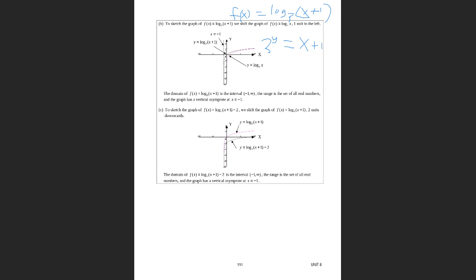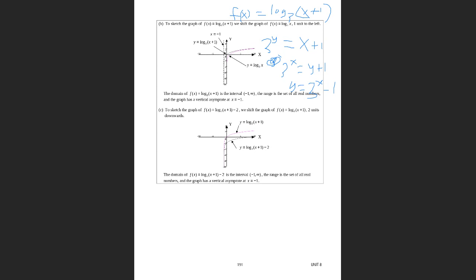So we can say 3 to the power x equals y plus 1. Then y equals 3 to the power x minus 1.